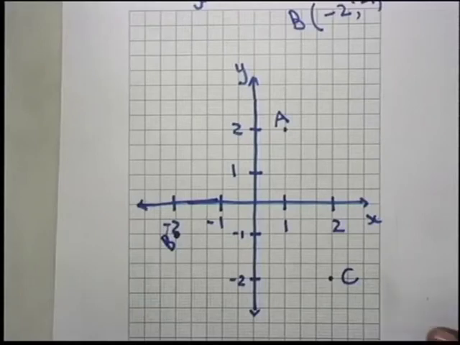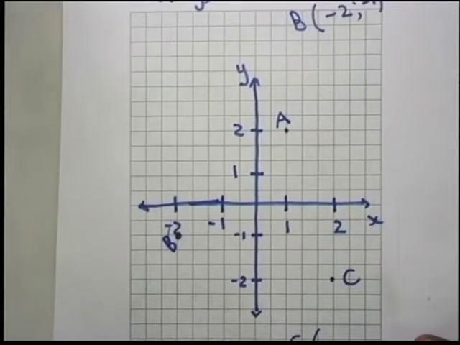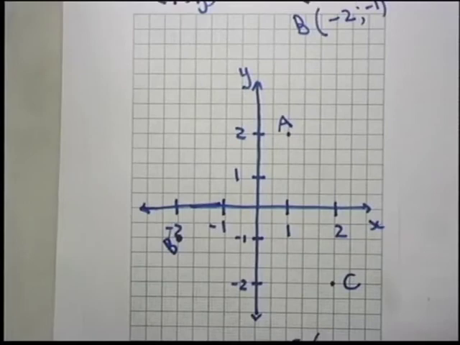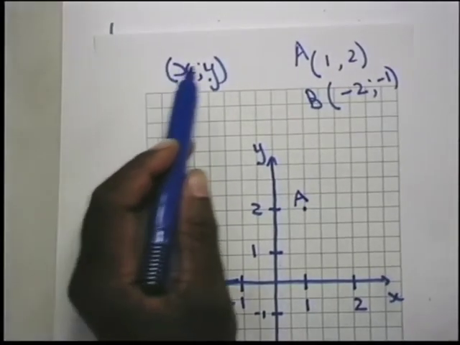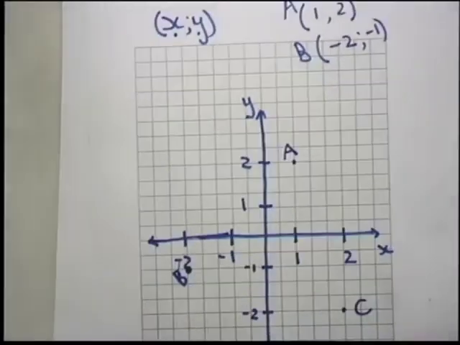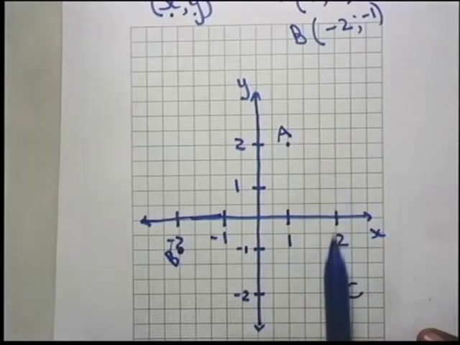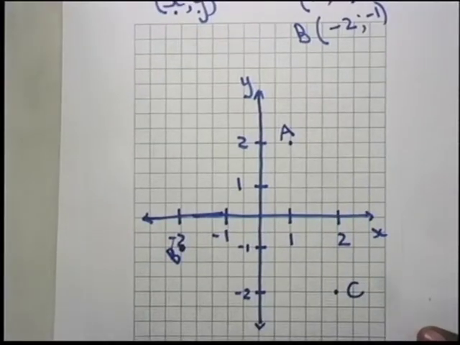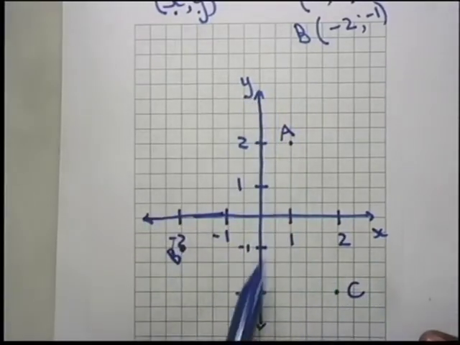Then we say, okay, fine, I know that the coordinates of point C should be given first in terms of the number in line with which it is in terms of x, and then in terms of y. So if we look at the x-axis, C is in line with the number 2, so we write down 2. And in terms of the y-axis, which is those numbers there, it is in line with the number -2.